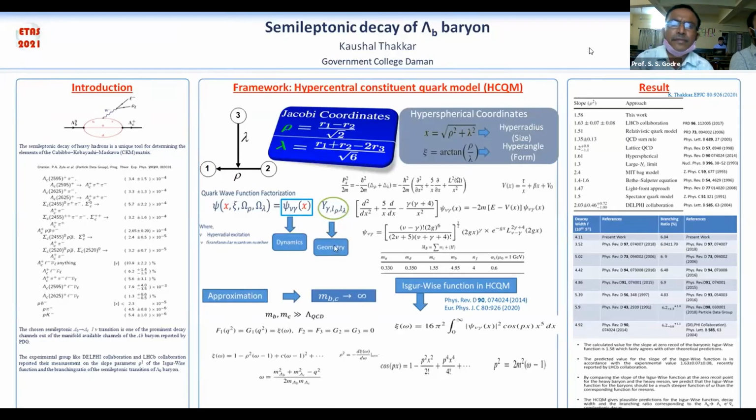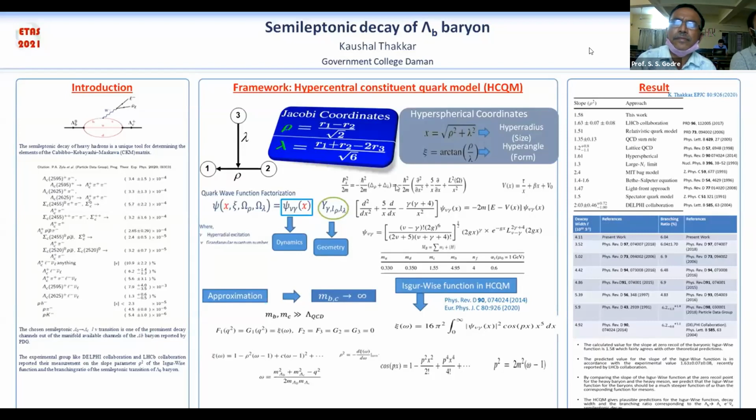The second part of the quark wave function is the hyperspherical harmonics, which satisfy the eigenvalue relation given by this equation. When we use hyperspherical coordinates, particularly in the center of mass frame, when R center of mass is equal to 0, the kinetic energy operator can be written like this.